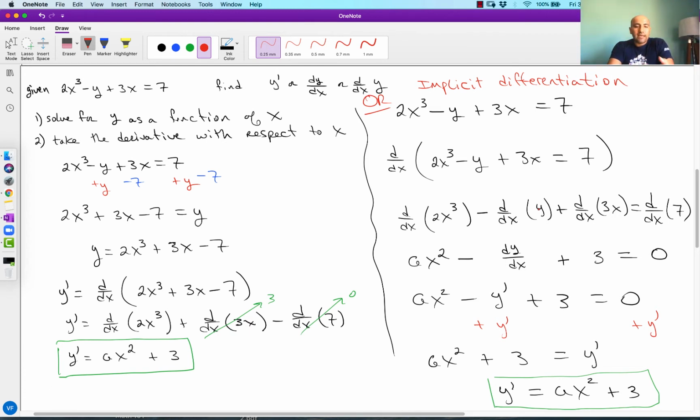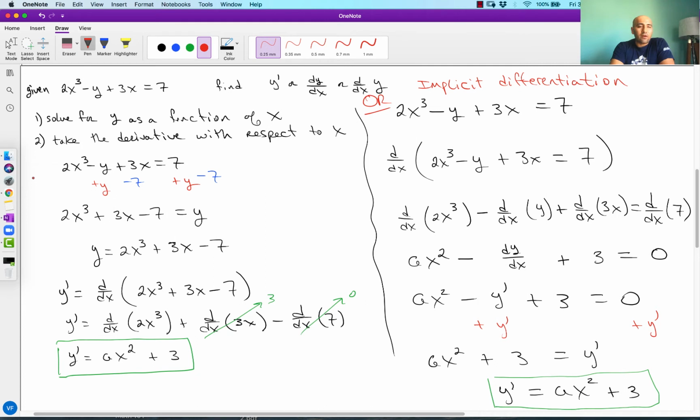All right, so in this particular example, the advantage is not super clear. Hopefully you see that I can get the same answer in both ways. In this particular example, you know, maybe it's not super clear why we would care about implicit differentiation. But let's do an example next where hopefully that'll be clear, because the advantage comes in that sometimes these equations are really hard to solve for y. So this first step might take you a long time. And the result might be really, really ugly.